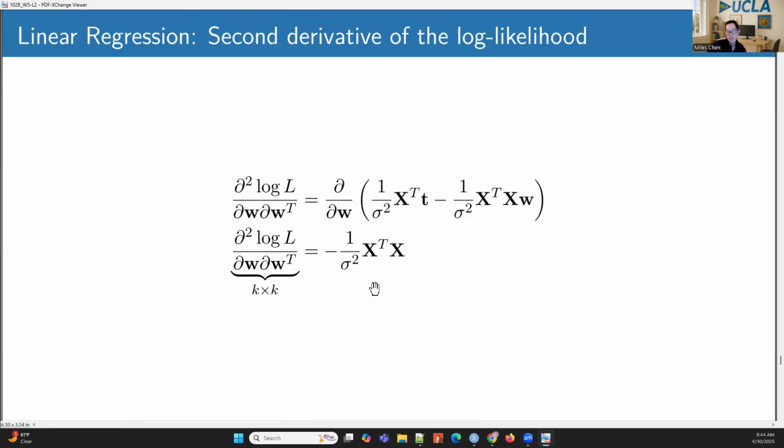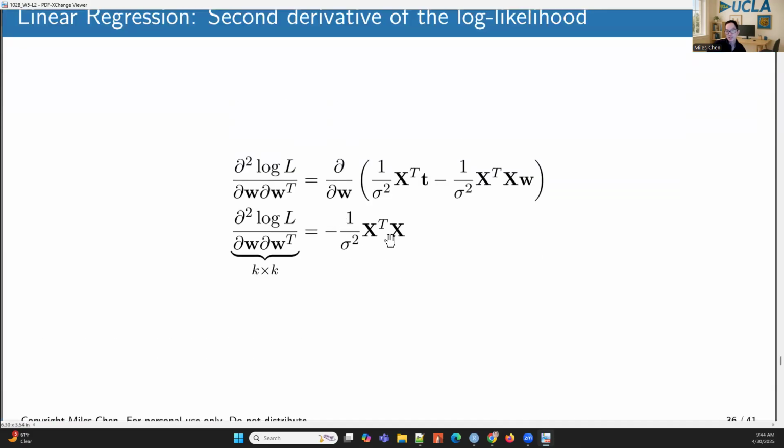This is basically our equivalent to our Hessian matrix, where we've taken the second derivative equivalent of our log likelihood function. We found the gradient, and then if I take the Jacobian of this, or get the Hessian matrix of our log likelihood, this is what we get.